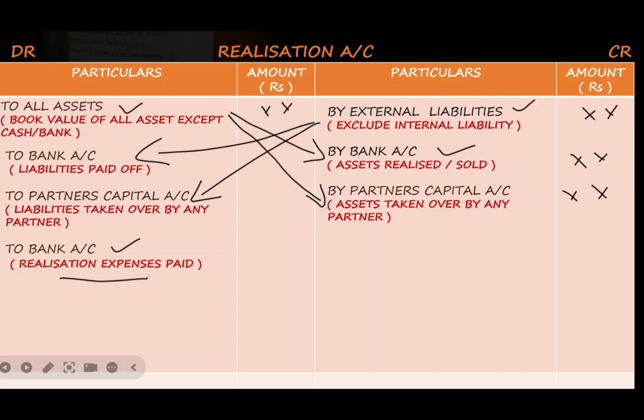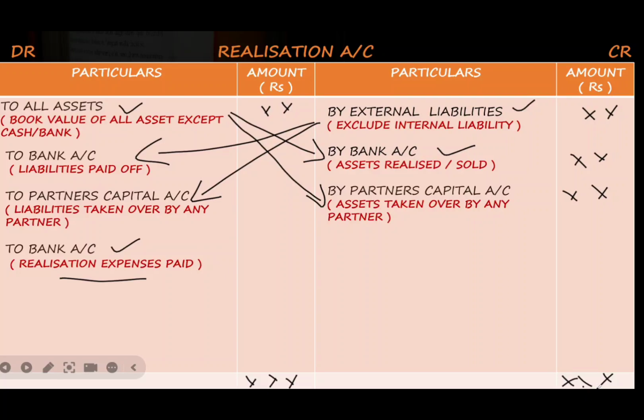Now once all these entries are done, we have closed the assets and the liabilities, and we have to find out whether there is any surplus or deficit, or whether there is any profit or loss on the realization of the assets and payment of the liabilities. So we have to find the totals of the realization account, and if the debit side is lesser and the credit side is more, then it will be profit.